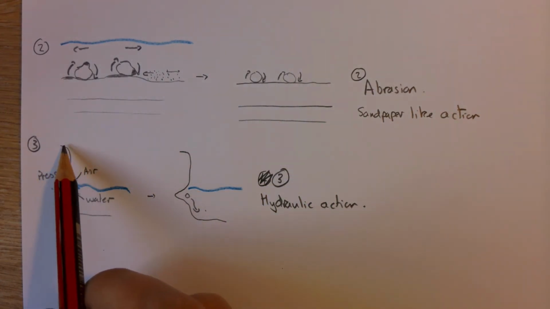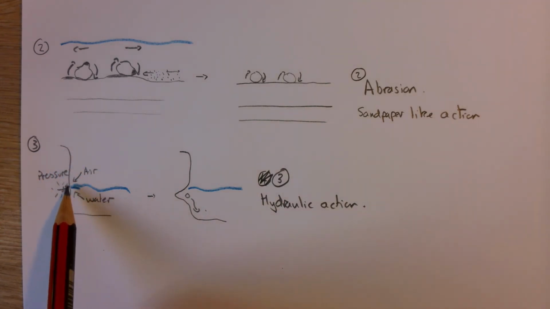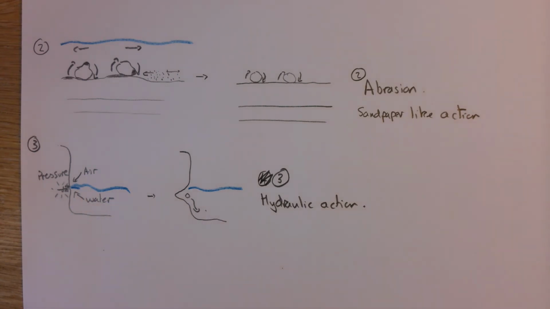You can see this feature here is a cliff, and so often it is where waves are hitting into cliffs that we will get this process of hydraulic action occurring.